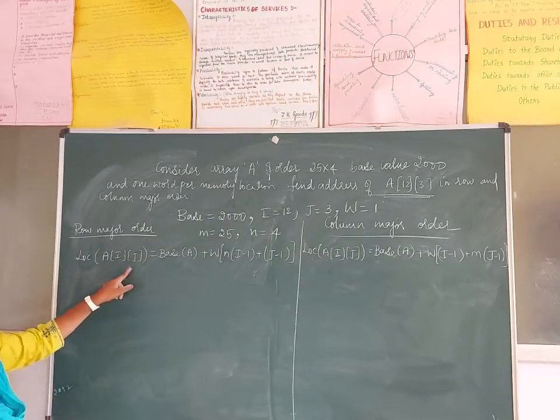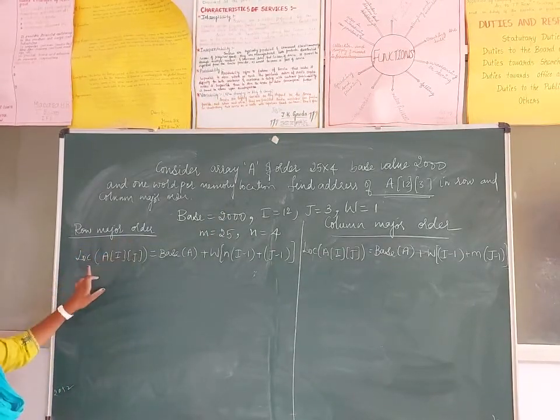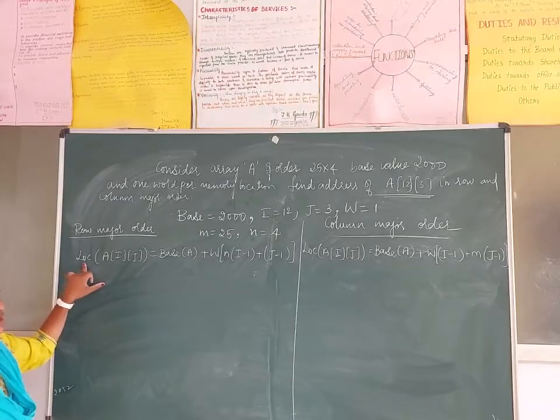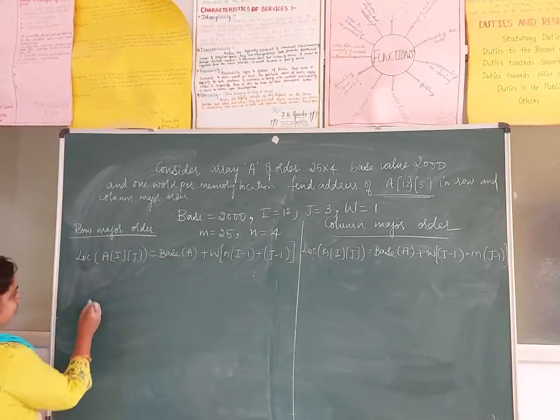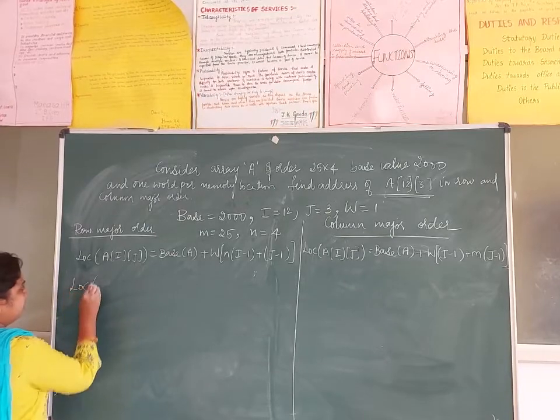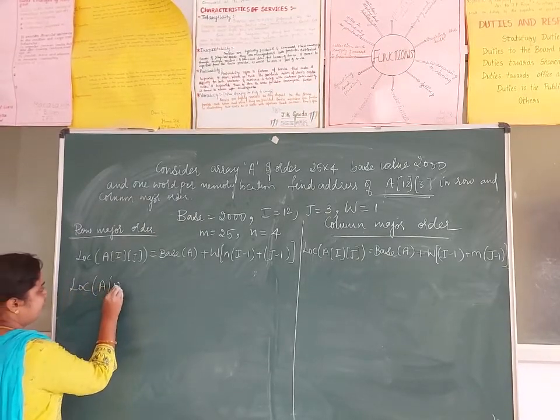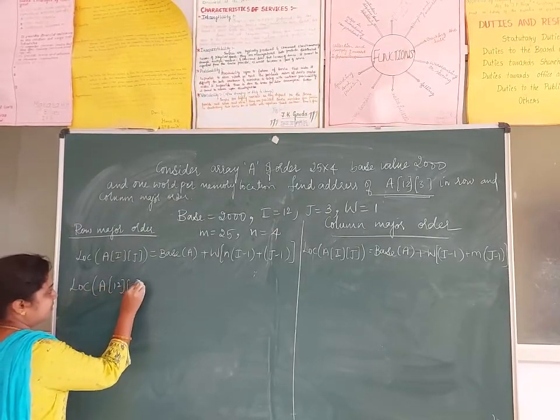And this is the formula to find the row major order location. You have to find the location of A of 12, 3, the memory address for 12 and 3.